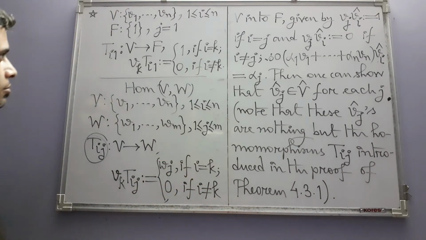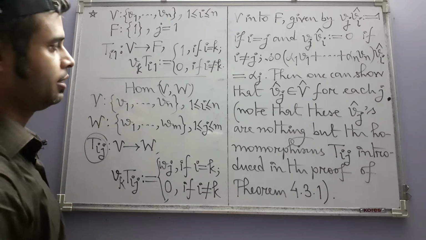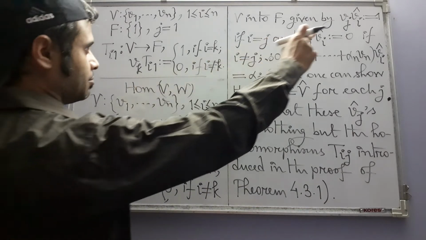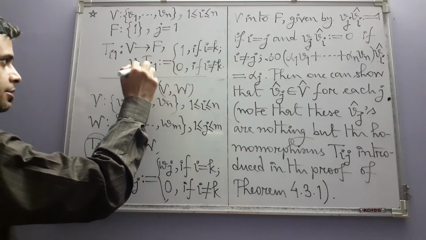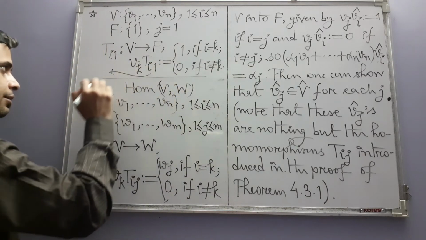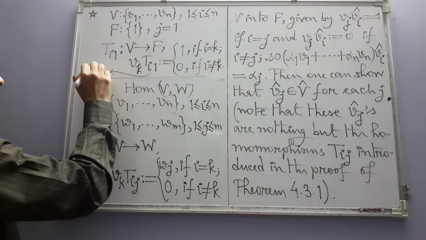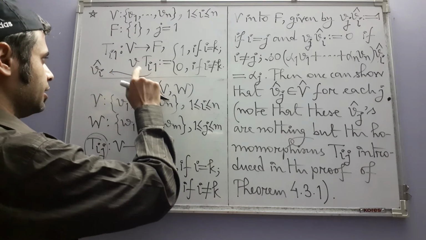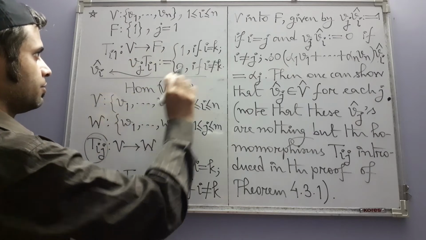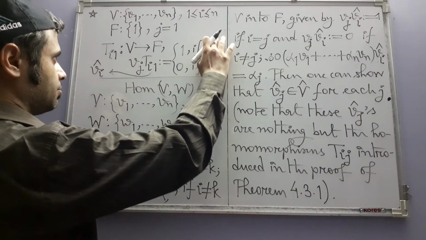Okay, so now what is our vi hat? You can see from this and this and this that this ti1 is nothing but vi hat, because instead of taking k, if you take j here, then you get this now.